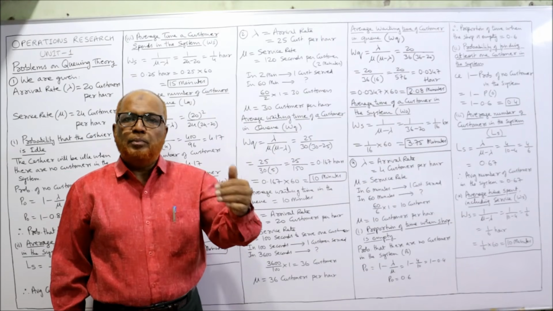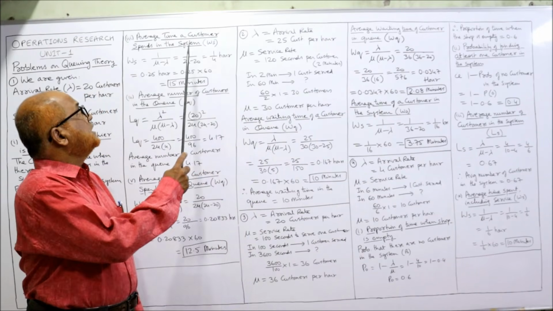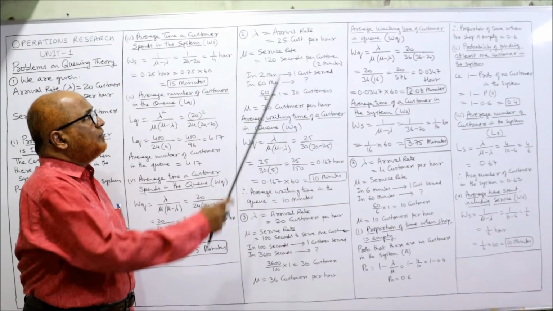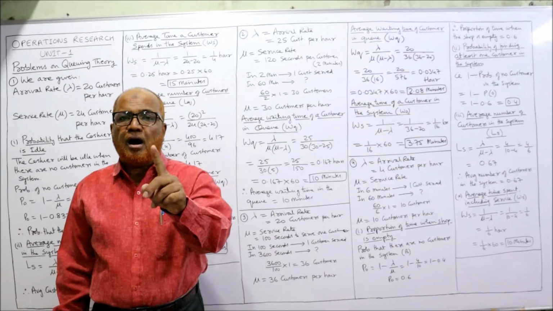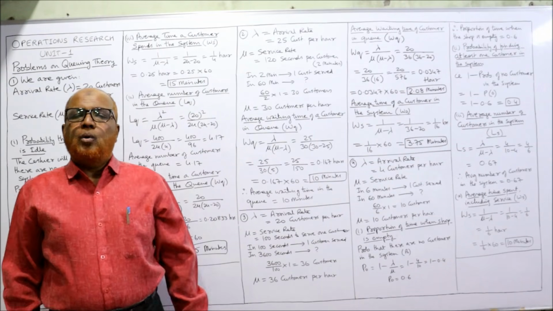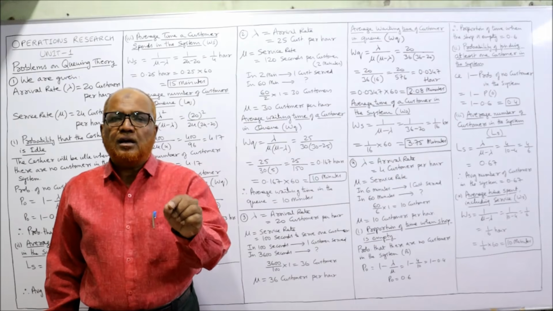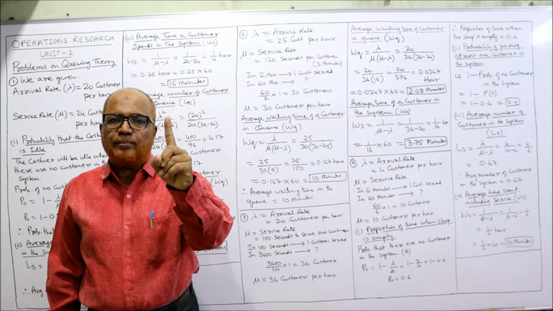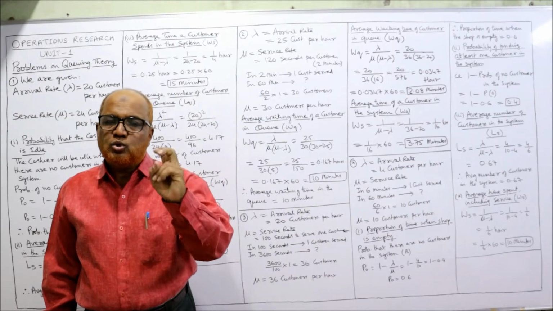Lambda is the arrival rate, mu is the service rate. Lambda is given in the problem: arrival rate is 25 customers per hour. Mu, the service rate: 120 seconds is required to serve one customer, which means 2 minutes.